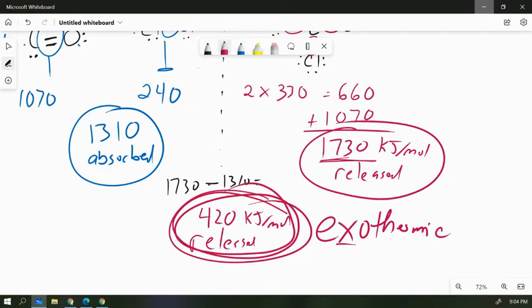When we form bonds, that's an energy releasing process, and more energy was released when we formed the bonds than was absorbed when we broke the bonds over here. And if I asked you what happens to the surrounding environment, does it cool off or does it heat up? In an exothermic reaction, energy is given off to the surroundings, so everything around it is going to heat up. Okay, excellent.